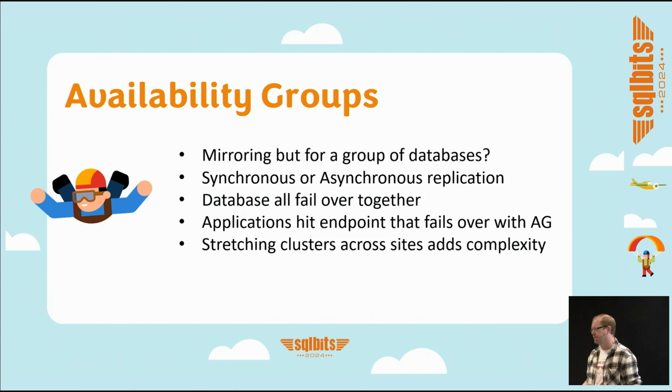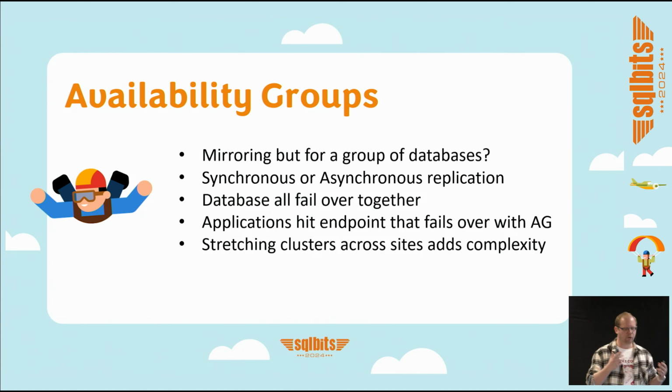Basically, we create our availability group, we drop all of our databases into it. And then we get synchronous or asynchronous replication options. And the difference between this and mirroring is obviously the group of databases, but we get up to 8 secondary nodes in Enterprise Edition. So we can have, say, in one data center, primary, secondary, and then over in our secondary data center, a couple more secondaries.